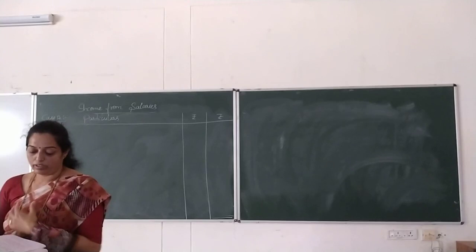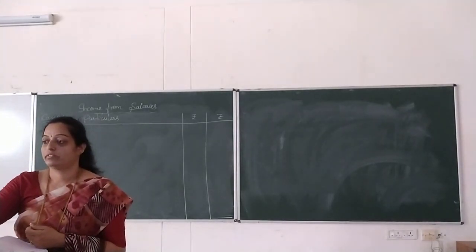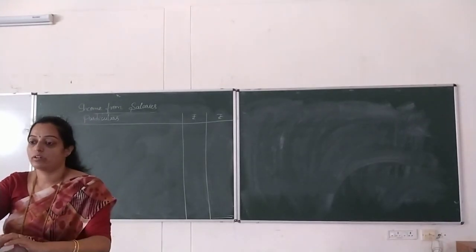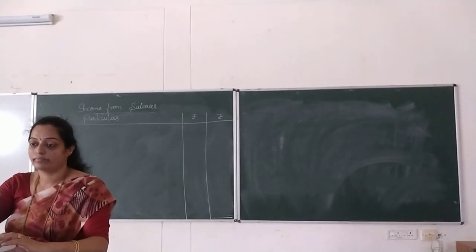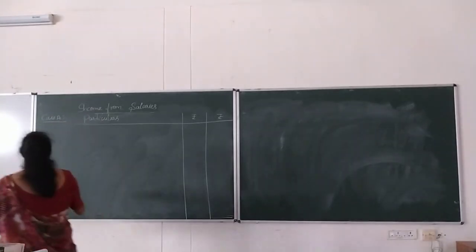What is the actual HRA received? First case, 4,000. Okay, 4,000 into 12. So HRA received.